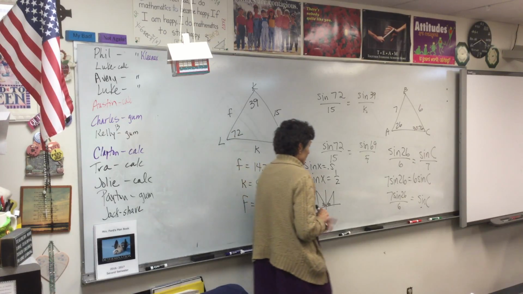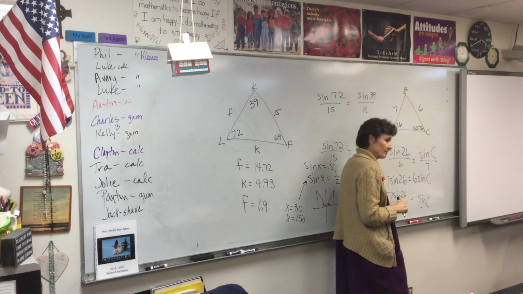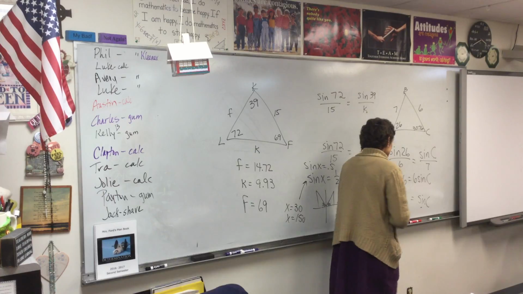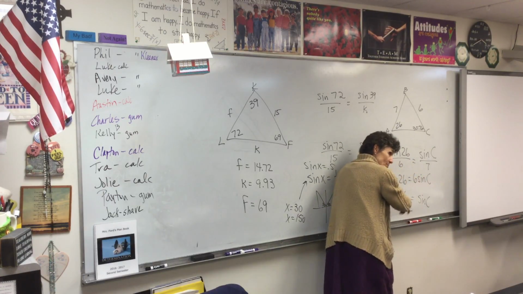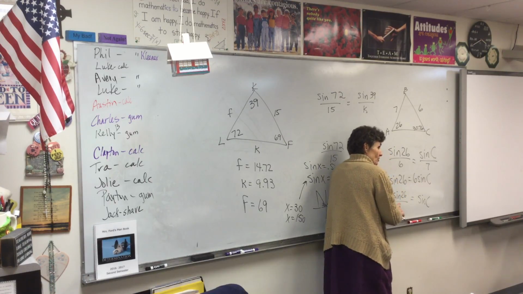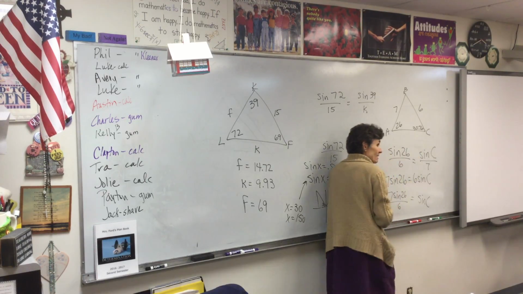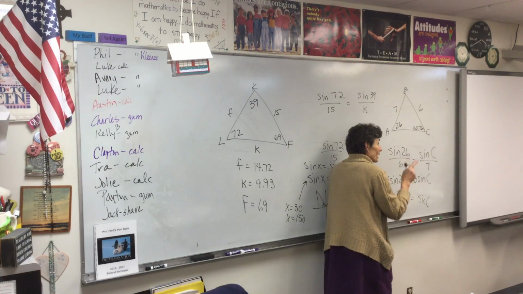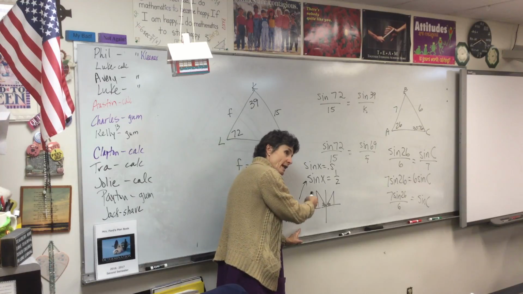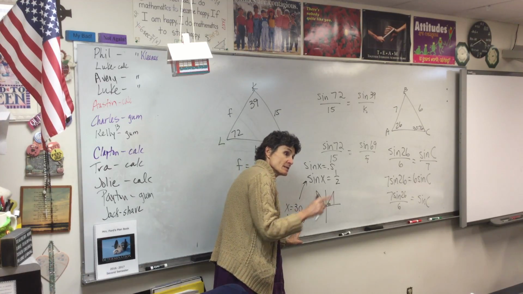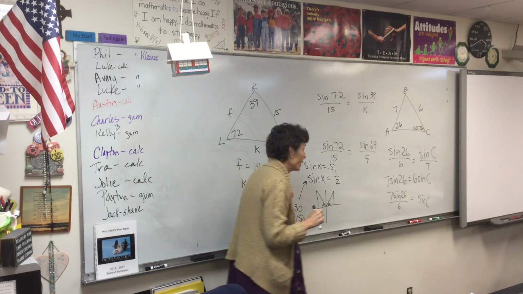Now, this problem was exactly the same. This said I have an angle whose sine is this decimal. One of the answers was 30.76. How would I find the other answer? The same way I did over here, which is what? Subtracted it from 180.